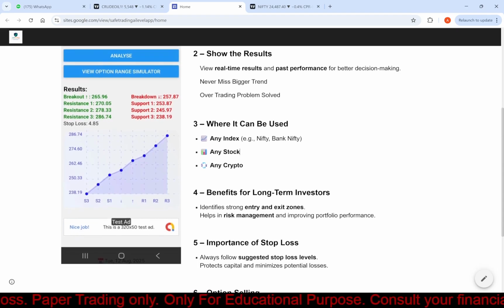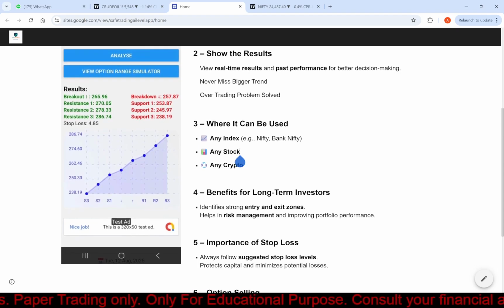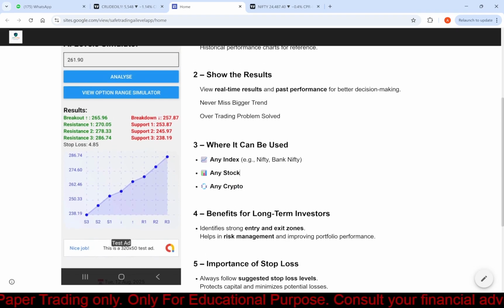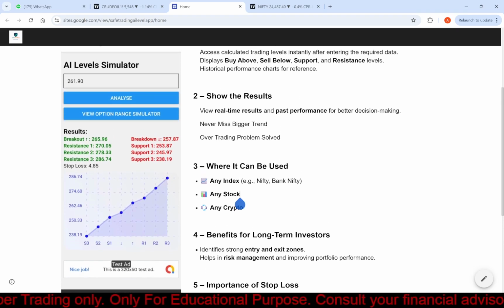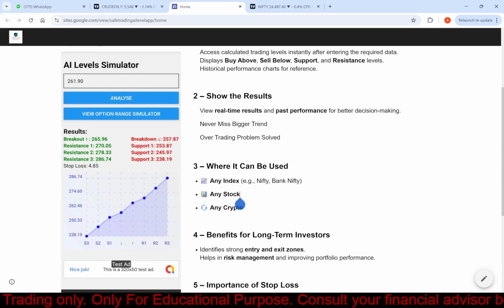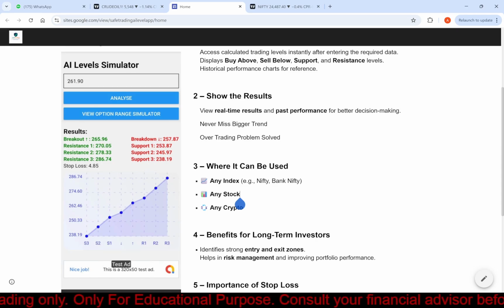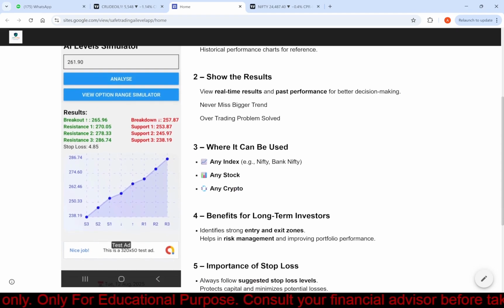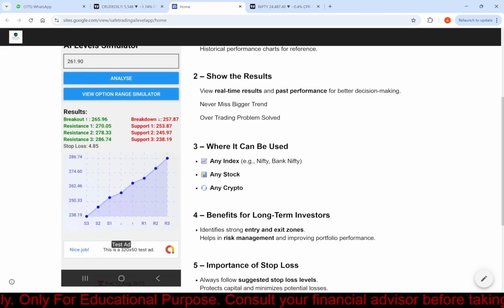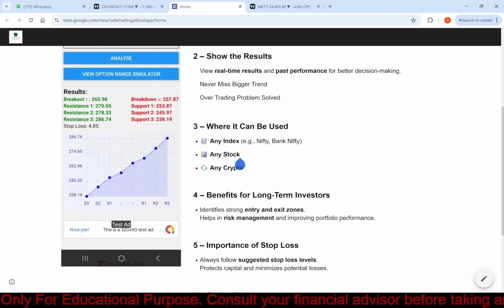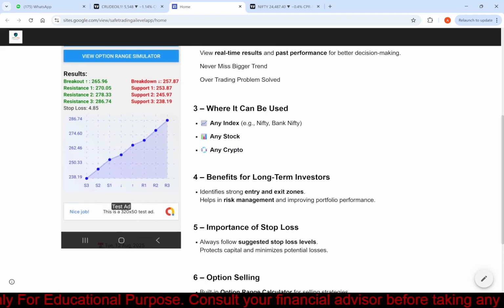Stop loss is for protecting the capital and minimizing potential losses. Always remember, one trade is enough to wipe out all of your capital. That's where you should properly take care of position sizing, and then do option selling only within the 80% to 90% zone.